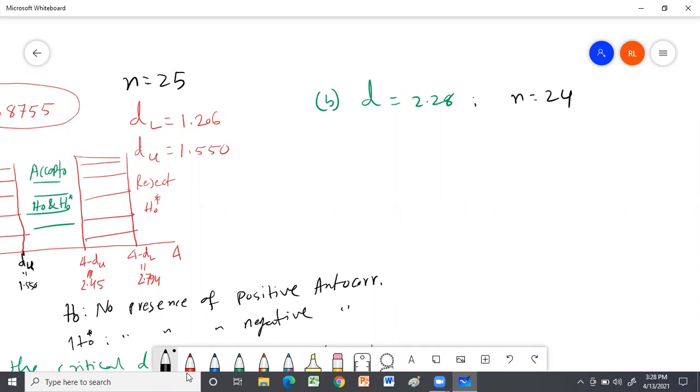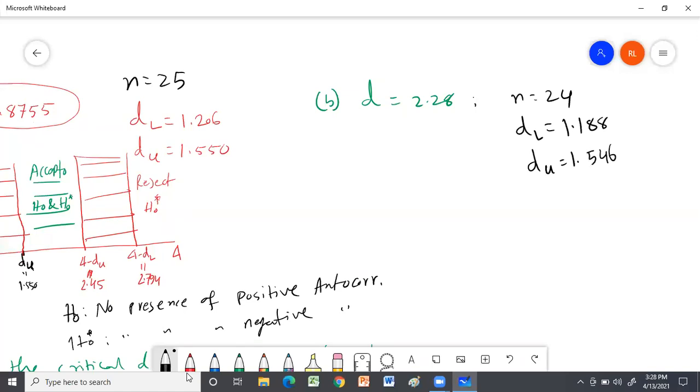Yes, sir. Though there is no significant difference between the DL and DU of observation 25, still sometimes it matters. So the lower limit of D value is 1.188 and upper limit of D value is 1.546.